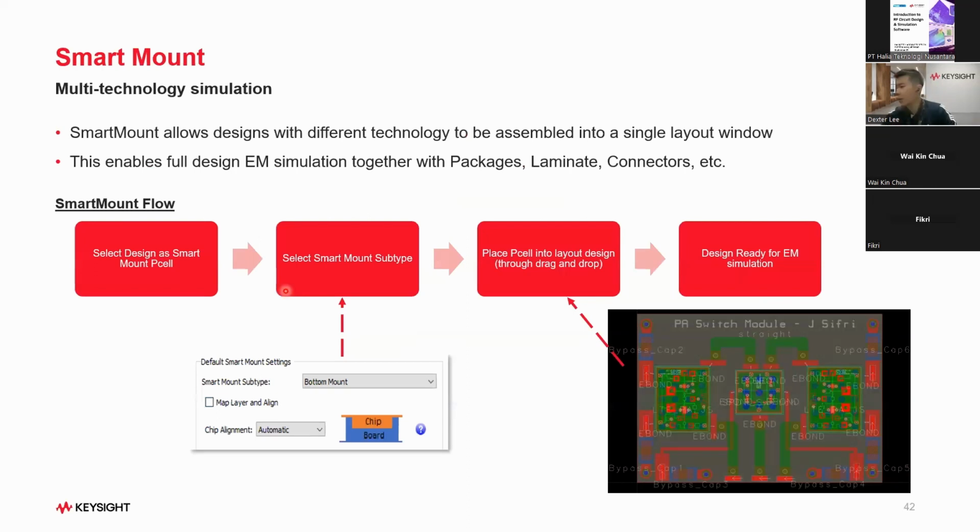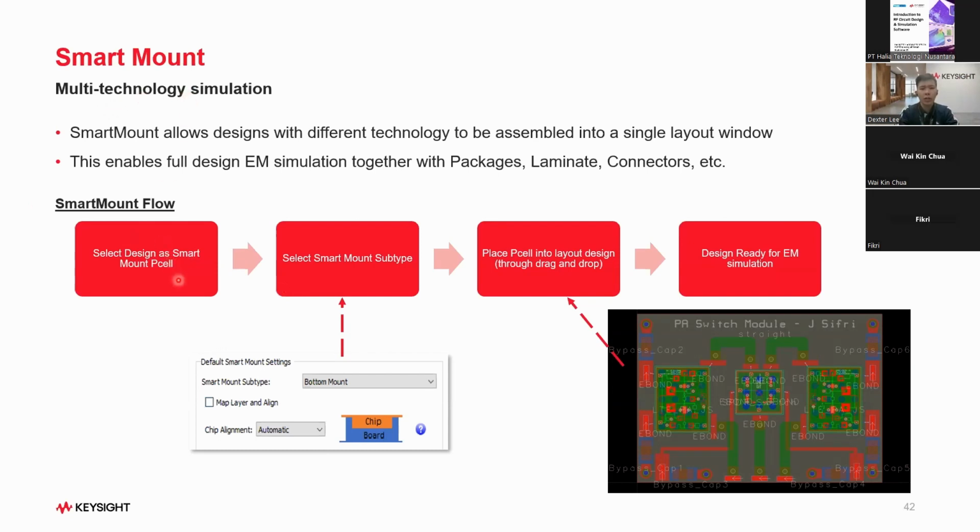The last part about IC design is that because sometimes when we do module design, the module will call IC chips, for example, PA, switches, and then another PA as well. So for ADS, we have the Smart Mount feature, which allows you to do multi-technology simulation.